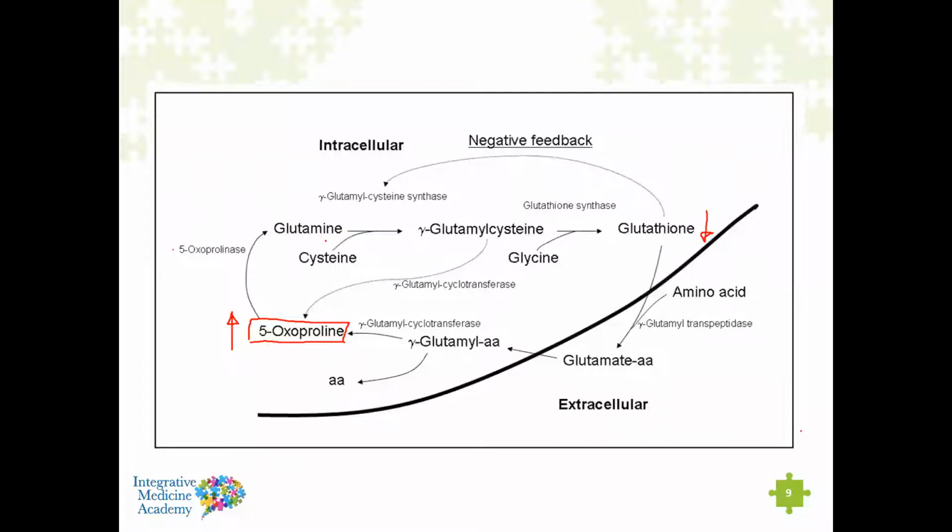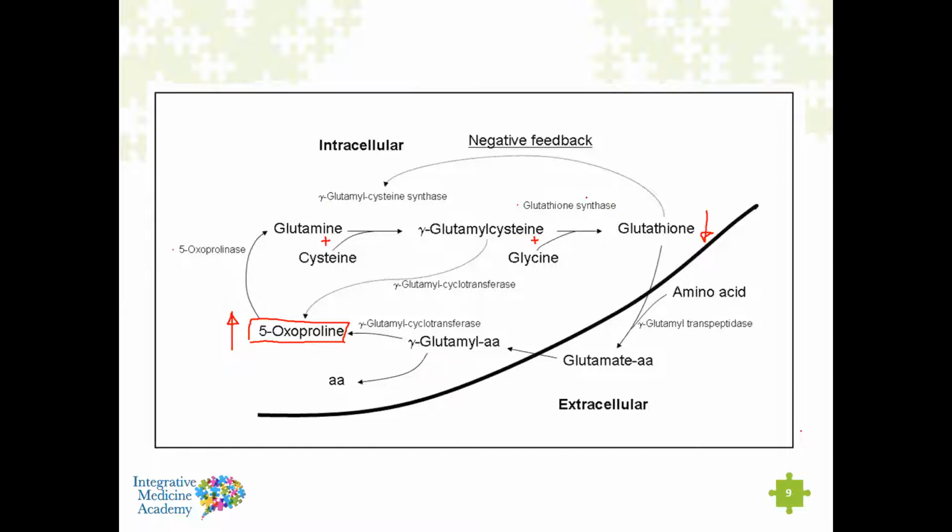But glutamine or glutamate combines with cysteine through the actions of gamma-glutamyl cysteine synthase to become gamma-glutamyl cysteine. Gamma-glutamyl cysteine, which some of the literature considers the rate limiting step in glutathione production, will combine with the amino acid glycine to become glutathione under the direction of glutathione synthase.